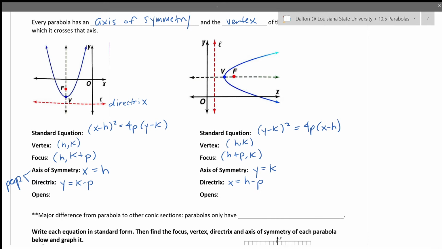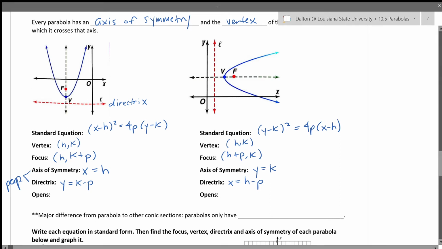Okay, so by definition, what a parabola is, rather, is that every point on the parabola is the same distance away from the focus as it is from the directrix. So if you look at the vertex, whatever this distance is to the focus is going to be the same distance to that directrix line.